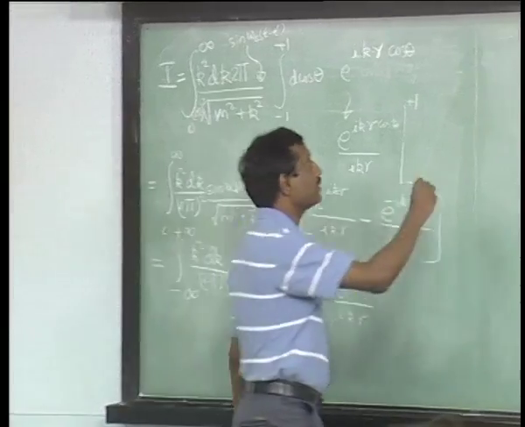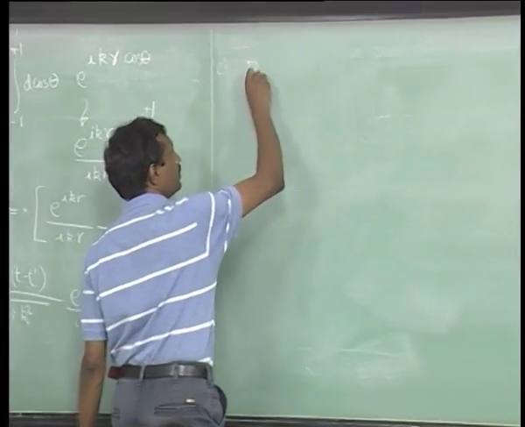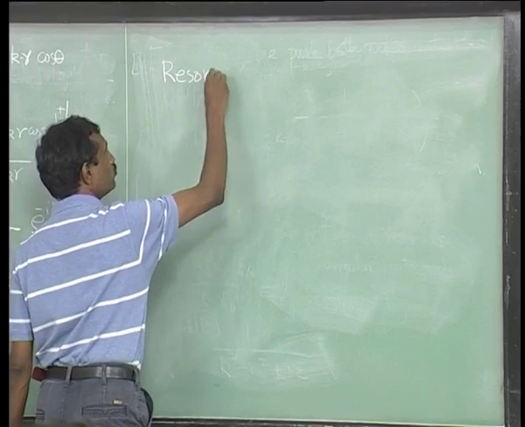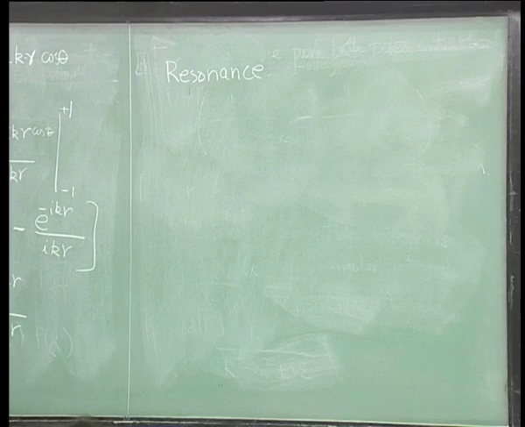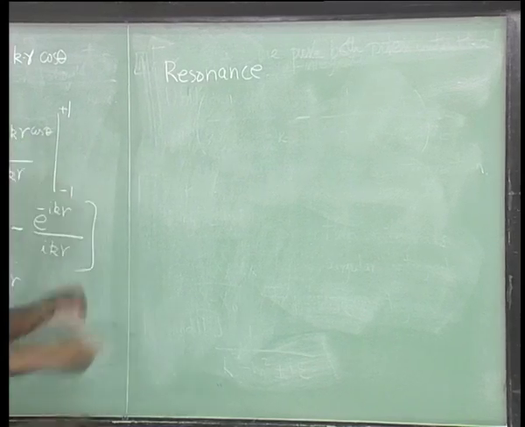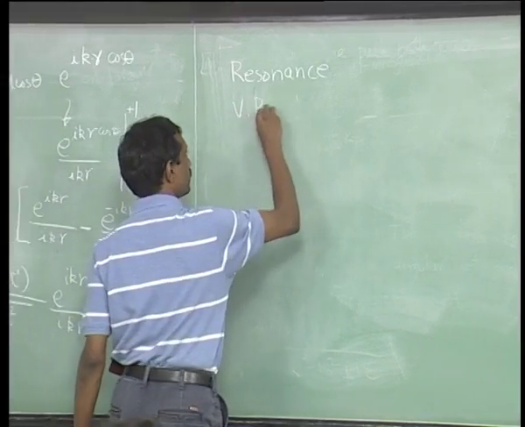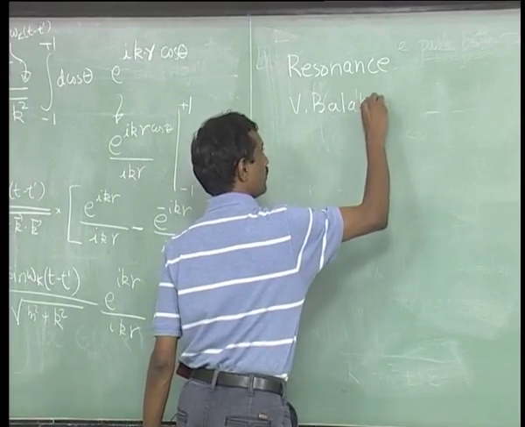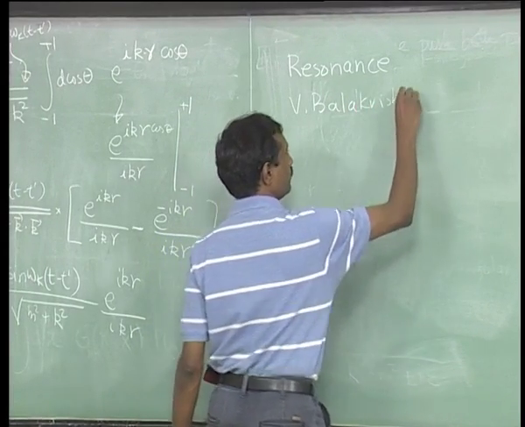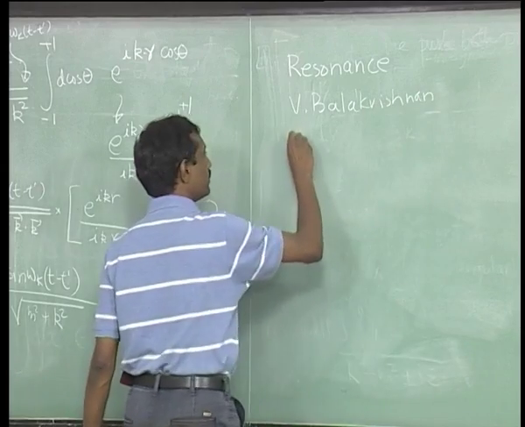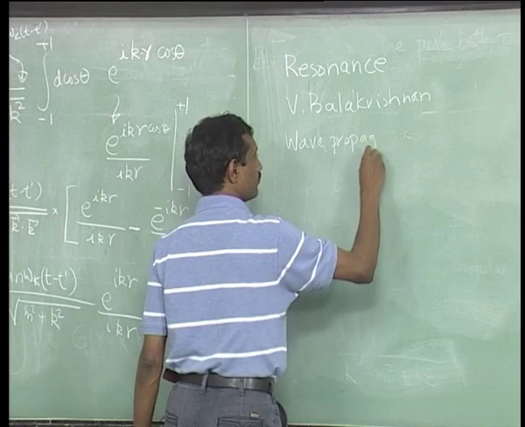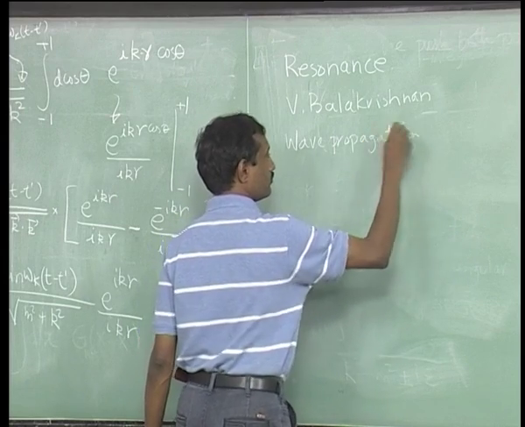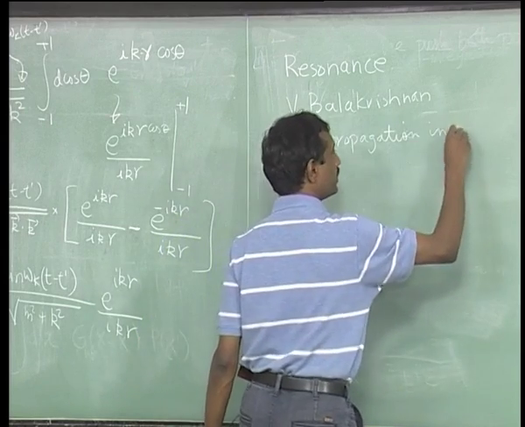But there is a nice article by Professor Balakrishnan in this nice journal called Resonance. There are two articles by him. I think it is titled something like wave propagation in arbitrary dimensions.